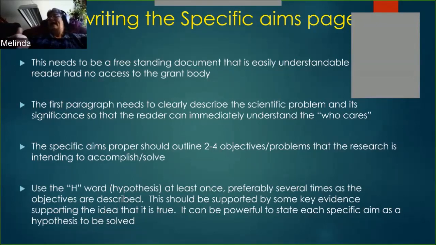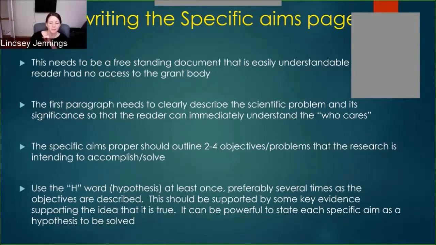Mm-hmm. So you could say aim one will be to test this hypothesis, and aim two will be to test that hypothesis. Or the other way people write it is aim one might be to determine or to do a certain kind of economic analysis on this situation. And then you could say in the little wording under it, hypothesis: this particular intervention is cost effective to the healthcare community or something like that. Yeah, that makes sense. Okay.